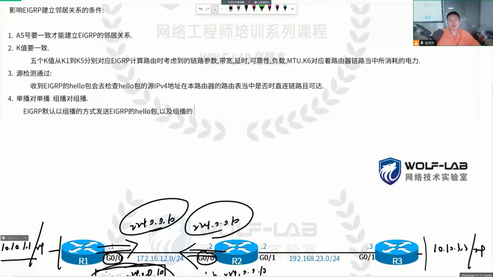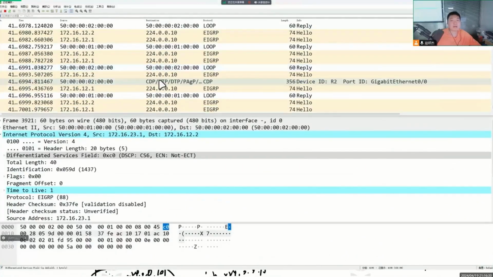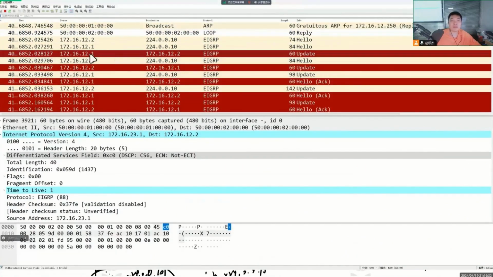I send you an update to confirm the reliability of the link between us. So this is when we establish neighbors. When announcing routes later, what will it do? Send to multicast 224.0.0.10, announcing our route entries. By default, they are all sent by multicast. So when establishing neighbors, I send to multicast.